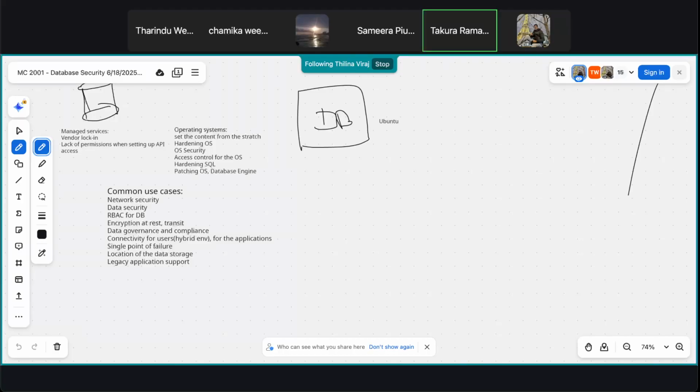IAM related issues, identity and access management.